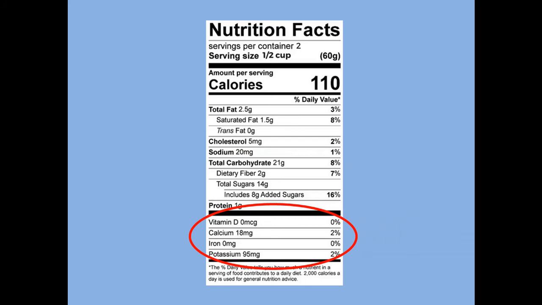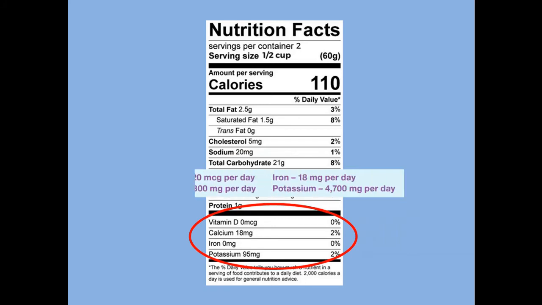Okay, we're going to be moving on to the vitamins and minerals that they're promoting here. I took these from the requirements. We're looking for 20 micrograms per day of vitamin D, calcium at 1,300 milligrams, iron at 18, and potassium at 4,700.